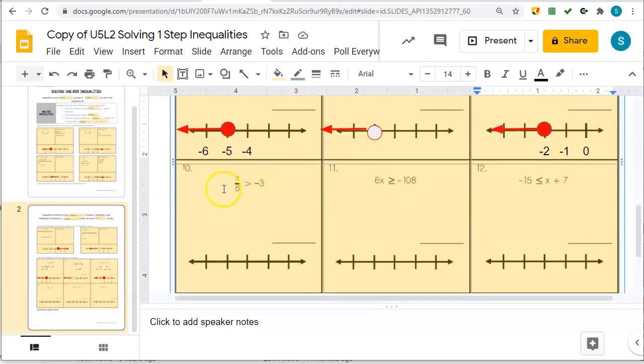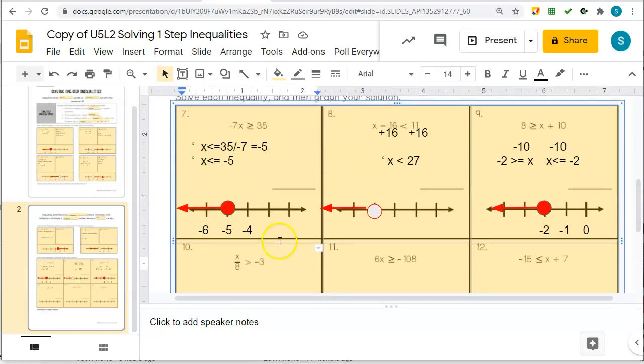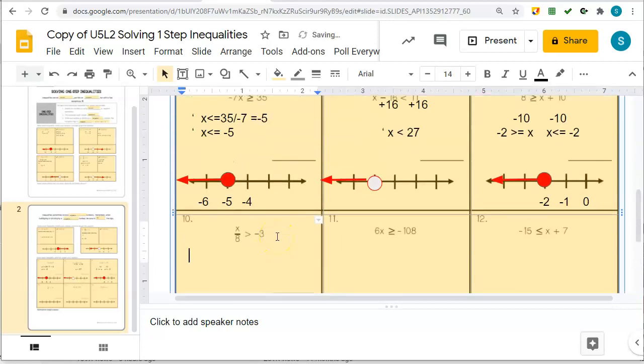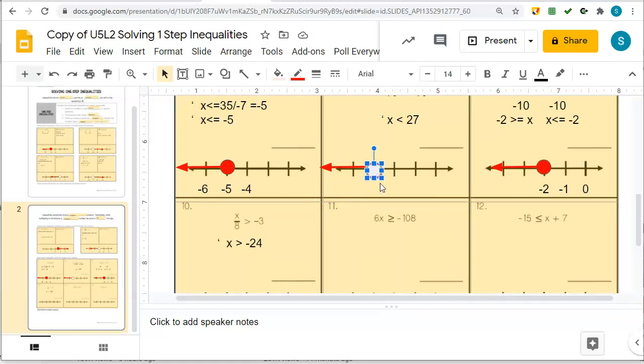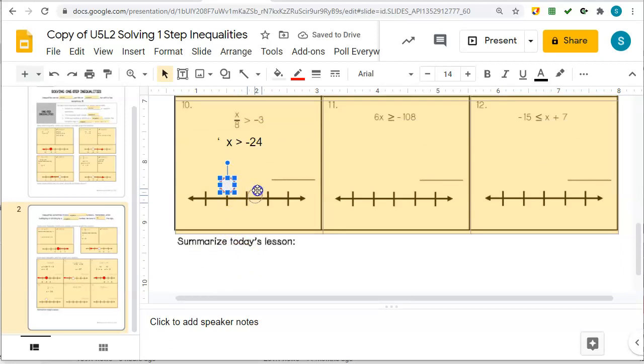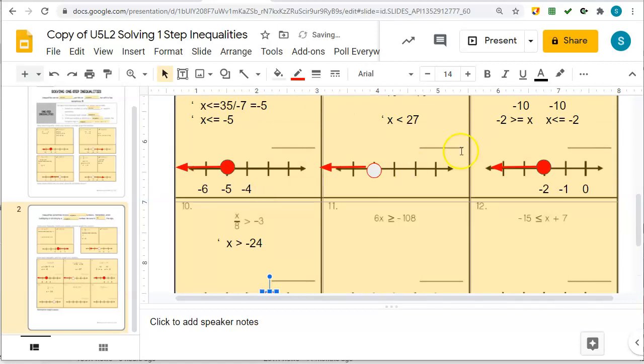Here we're multiplying both sides by 8, so it's not going to flip the inequality. Remember, it's only when the number that you are multiplying or dividing both sides by is negative. So we have x is greater than negative 24. Let's say this value here is 24, and then we want an arrow to the right.